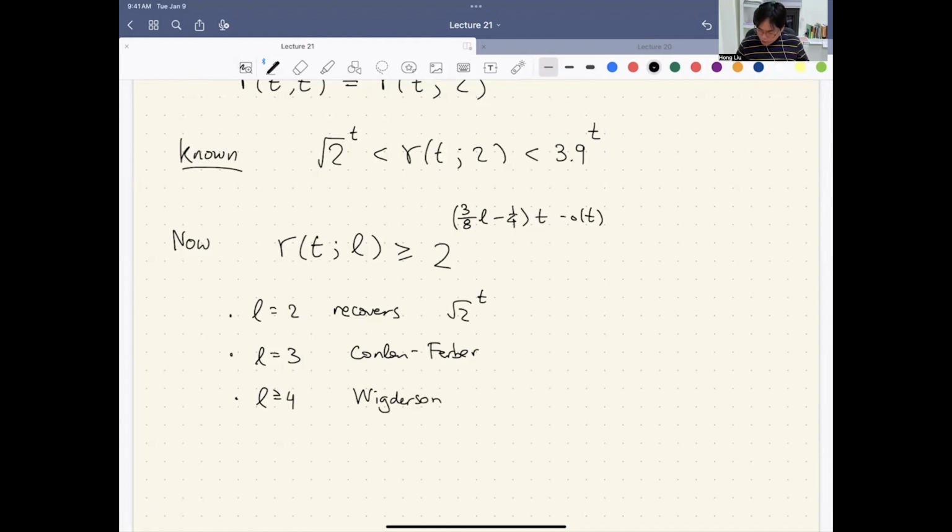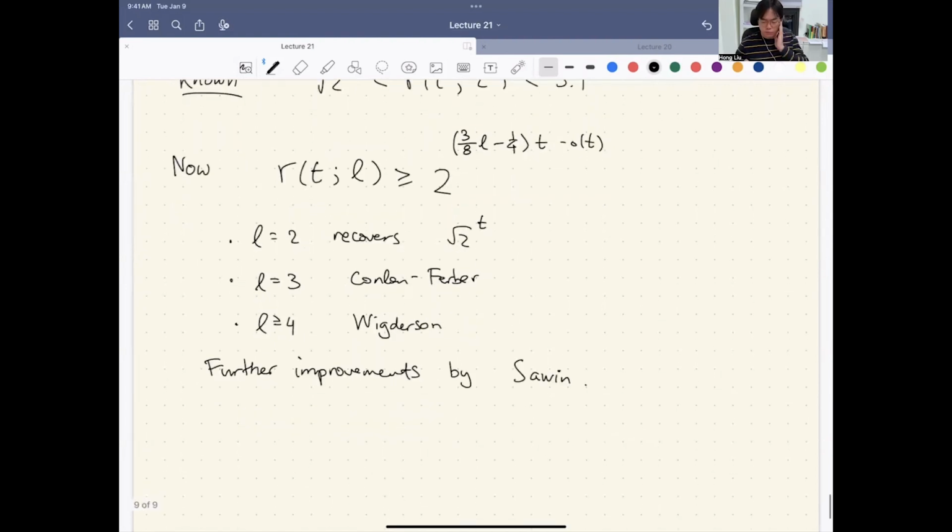I think there is now even further improvement, so you should check the literature later. But let's today see this construction, which recovers also all these cases.